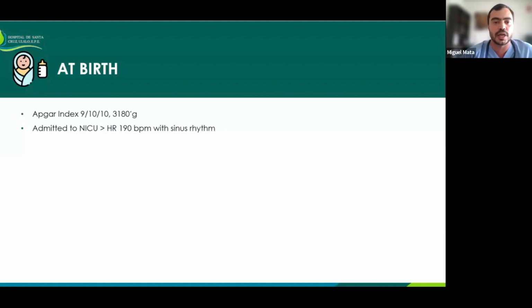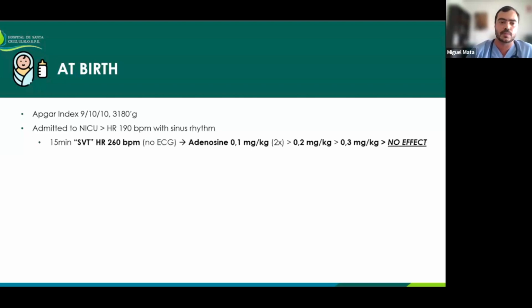And she initially had a heart rate of 190 with sinus rhythm, but quickly progressed to the SVT that would justify the fetal tachycardia. It was a narrow QRS tachycardia with 260 beats per minute.